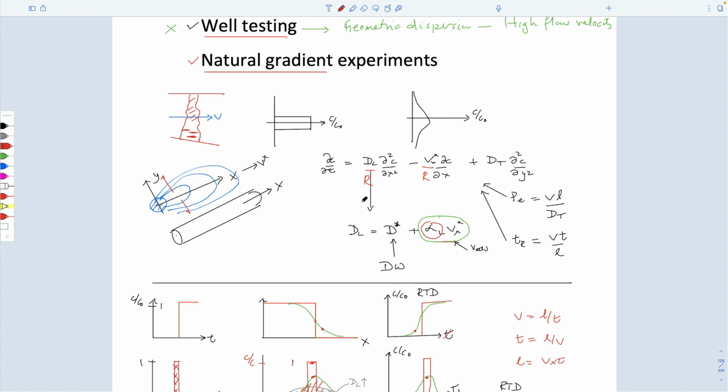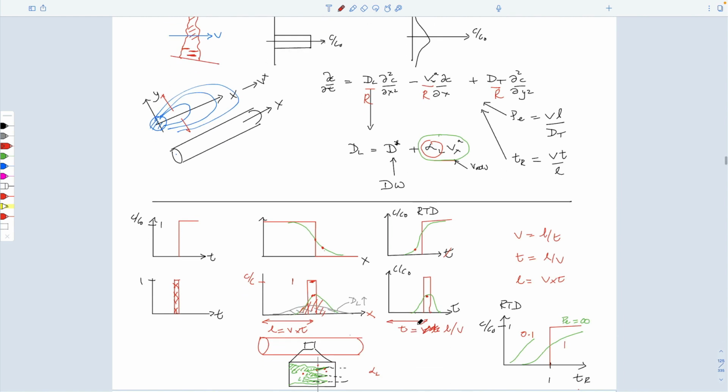If you can define this retardation coefficient, which is a function of the sorption, then you can recast the advection dispersion equation just by dividing your coefficients by this numerical coefficient, which is a number between 1 and infinity. It just scales the advection dispersion equation, which means that all these relationships that we've developed so far can be used for these non-conservative flow fields just by scaling our dispersion coefficient and our advective velocity, and everything else falls over.